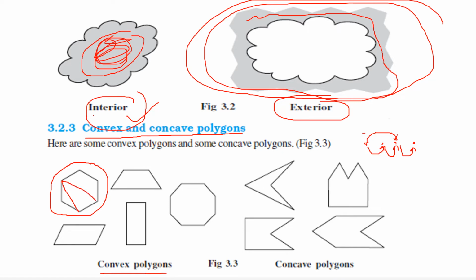Similarly, second diagonal, then third diagonal. If you take this point, fourth diagonal, fifth diagonal, sixth diagonal. Similarly, you can make them on your own. Whenever you draw a diagonal, you will find that all diagonals are coming in the interior of this polygon only. That is why we call such polygons convex polygons.